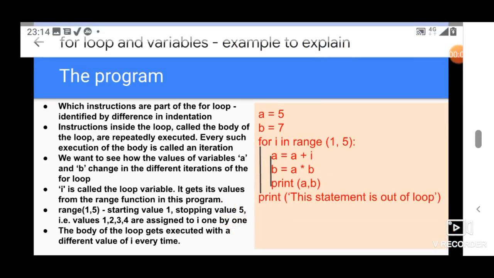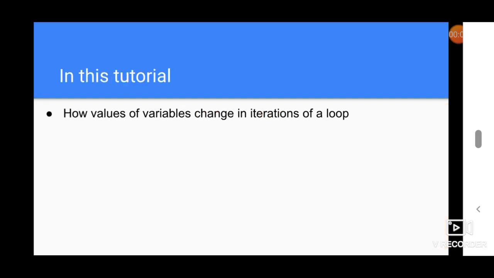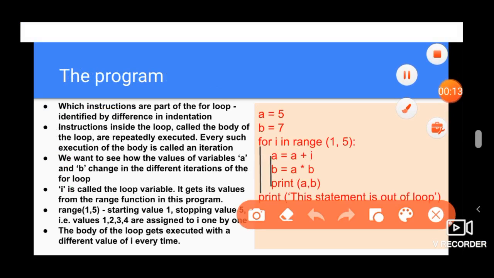Now we discuss a few points about this program. The first is which instructions are part of the for loop. We have already discussed that it is the difference in indentation through which we identify which statements are part of the for loop and which are not. The next point is that instructions inside the loop are called the body of the loop.